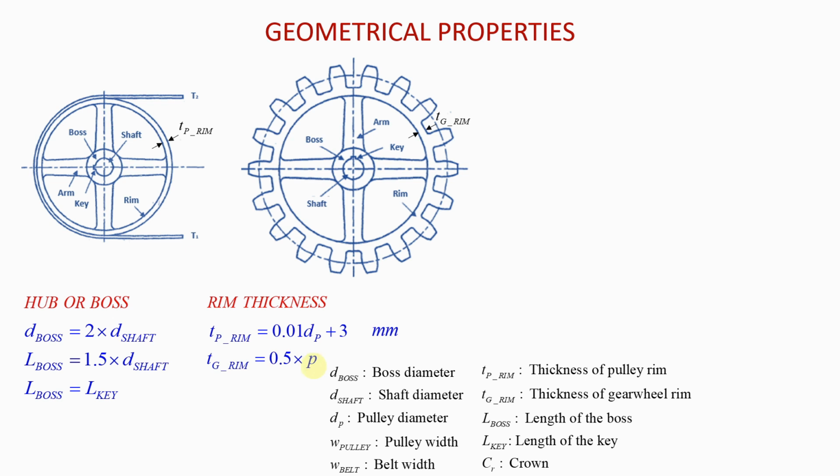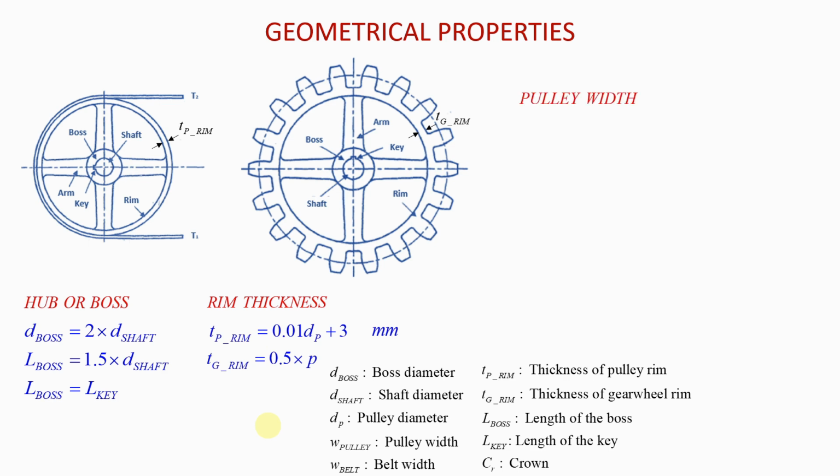So P here is the circular pitch, and this is something that you know already from the module on spur gears and gear drives, okay? So the thickness of the gear wheel's rim is equal to 0.5 multiplied by the circular pitch. That is very, very important.